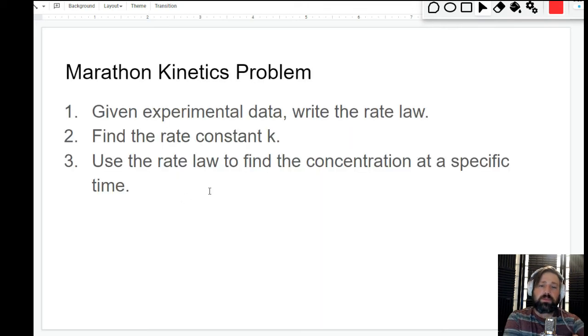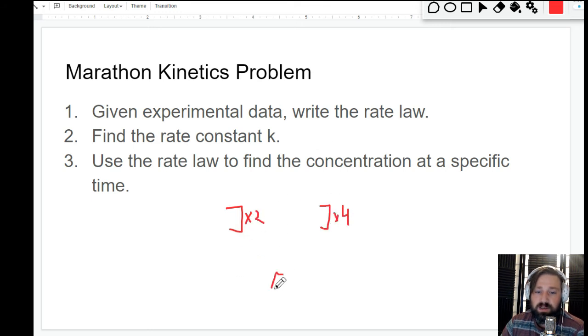All right. So you can see how I might go about asking you some of these questions if I wanted to be a real big jerk and give you one of these marathon kinetics problems. I can give you some experimental data and ask, what's the rate law of this? What order is this reaction? And then you have to go through and figure out, oh, this is twice, and this is times 4.